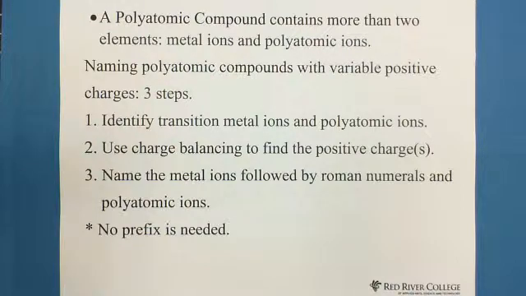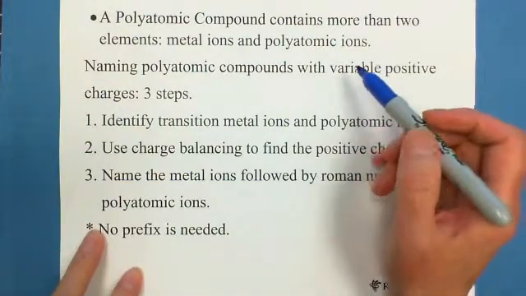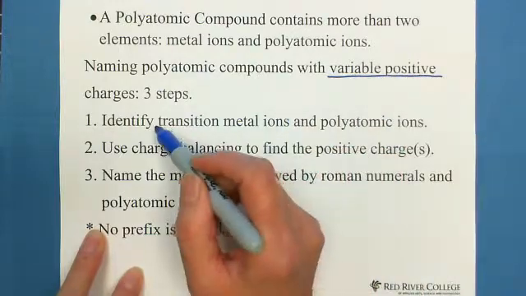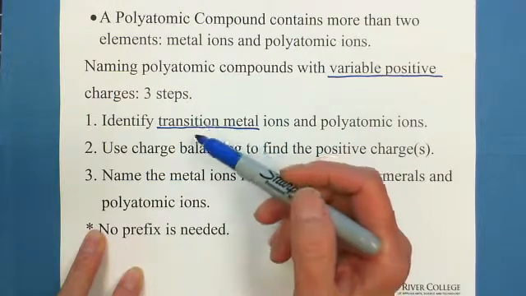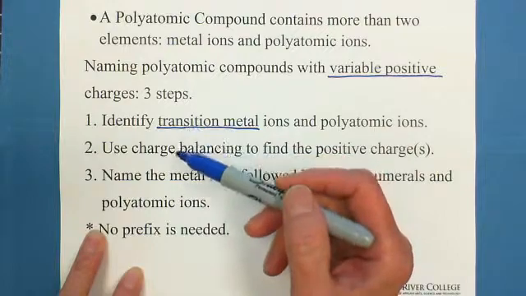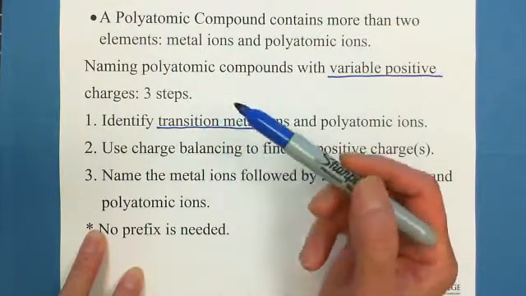First, identify transition metal ions and polyatomic ions, because the first element, the metal, has variable positive charge. Actually, this is a transition metal. So first of all, you need to identify the metal, whether it is a transition metal or another metal.